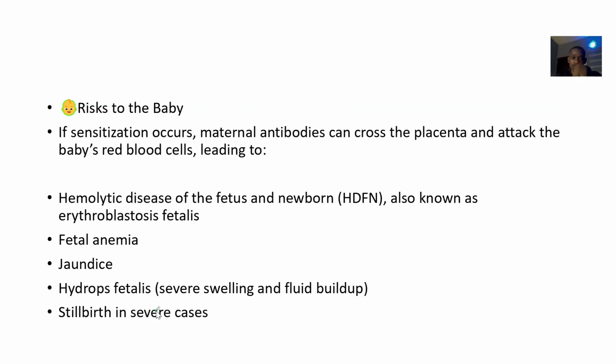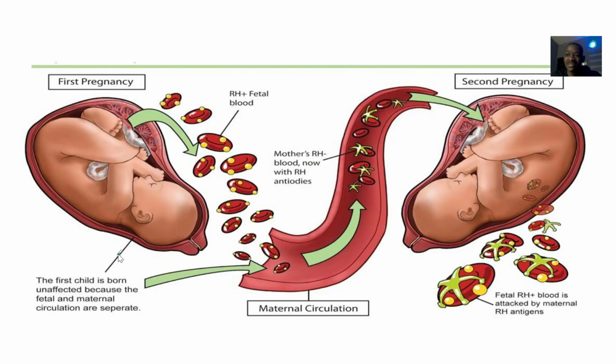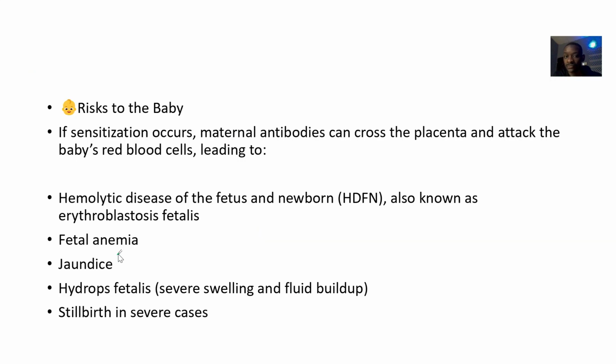Okay, so what are the risks to the baby if the baby is attacked? Of course, the baby is vulnerable at this time. Sensitization occurs. Sensitization is like you are sensitizing me that okay, there's an enemy. Do you understand? So if the mother is sensitized, the immune system springs into action.